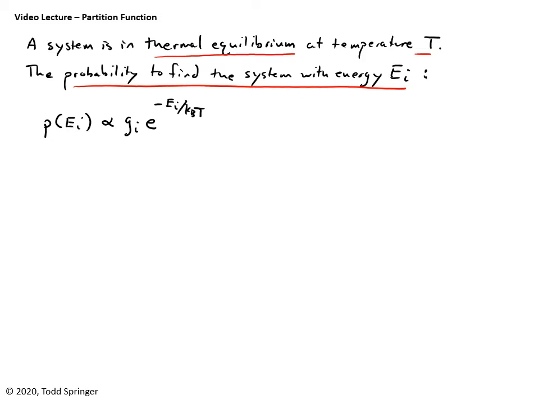And gi was the degeneracy factor, so this is the degeneracy, which is equal to the number of states with energy Ei.